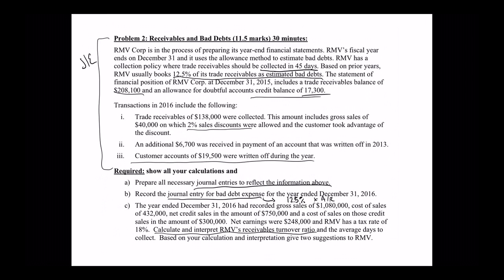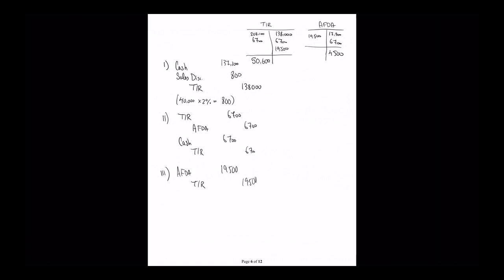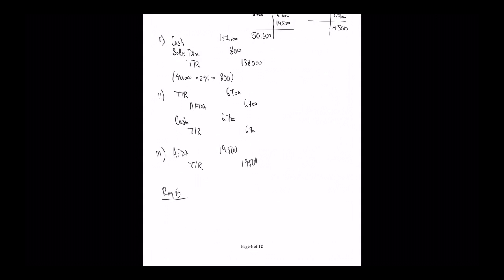And if you recall, it is supposed to be 12.5% of our trade receivable balance. So let's do required B. We know for sure we're going to debit bad debt expense, and we're going to credit AFDA.